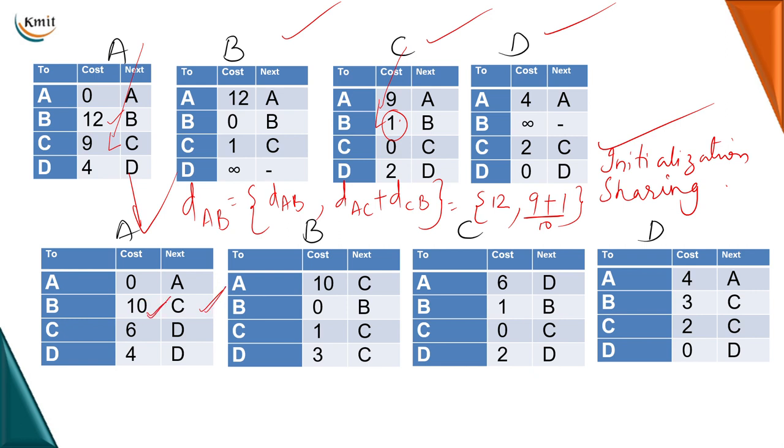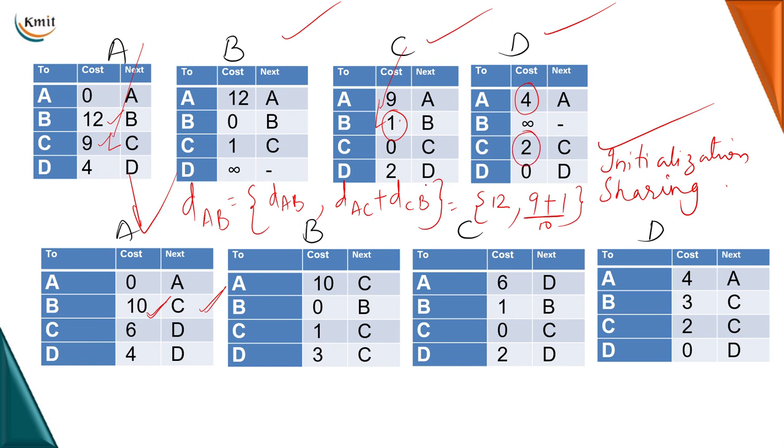Then likewise you can see I can reach A to C with a cost of 9. If I take the help of my neighbor D's table, D can reach A with a cost of 4 and D can reach C with a cost of 2.